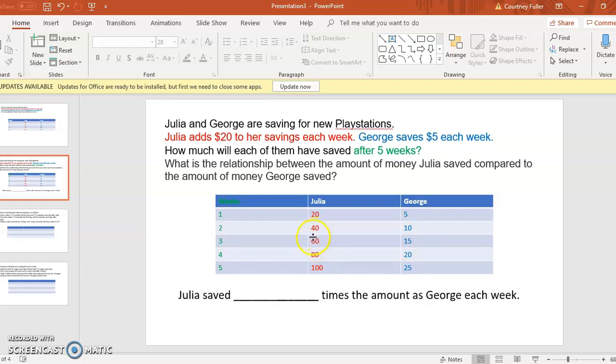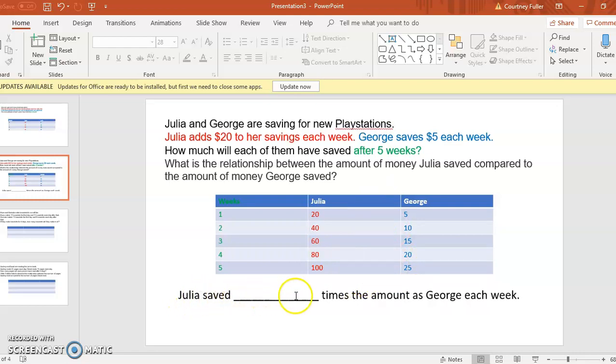So 60 is 4 times as much as 15. 20 times 4 is 80. So 80 is 4 times as much as 20. And 25 times 4 equals 100. So 100 is 4 times as much as 25. So that works with all of these patterns.